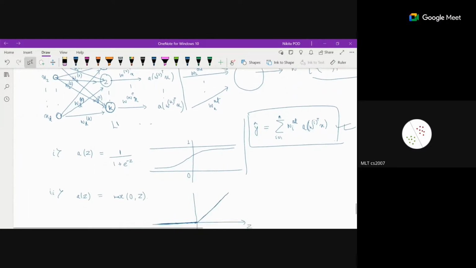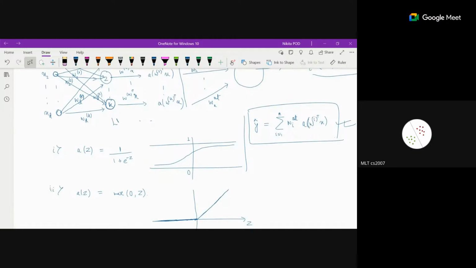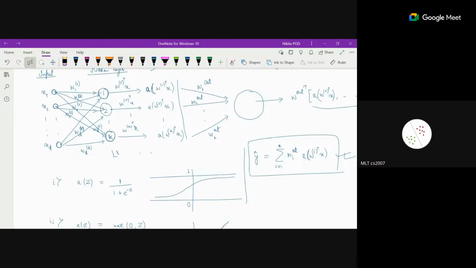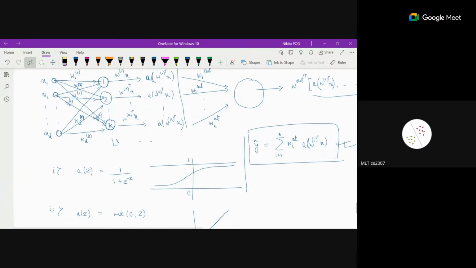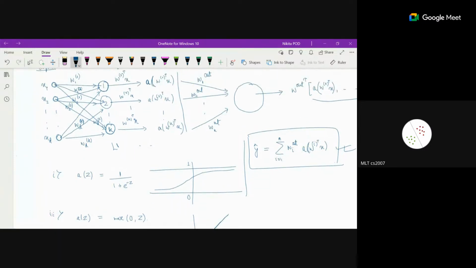Okay. So the parameters that need to be specified in the neural network are these parameters. You need to know all these Wis, so you need to know all these W1, W2, and so on till WK. You need to know all these Ws.